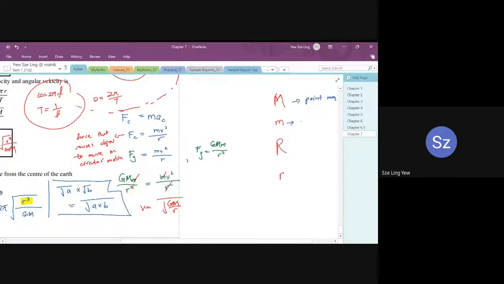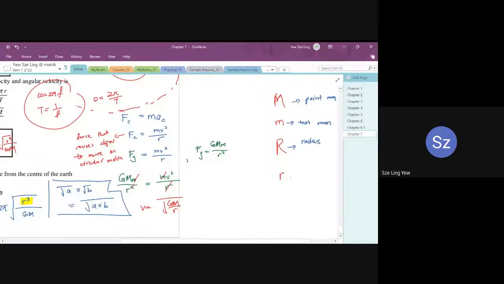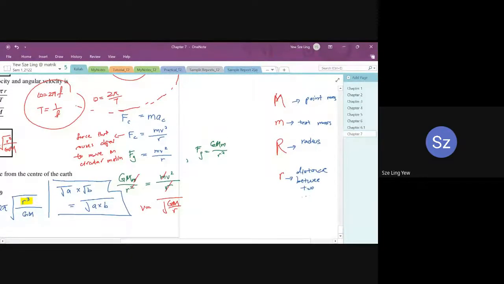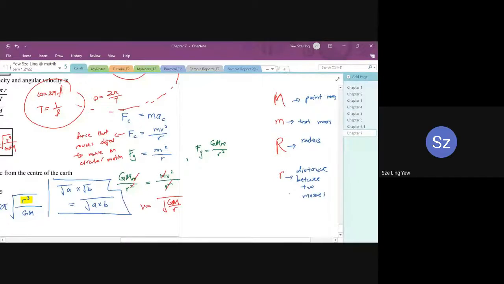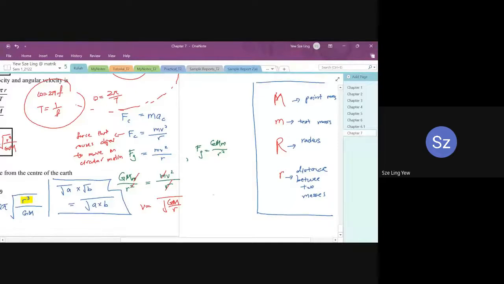Small m is the test mass. Capital R is the radius. Small r is the distance between two masses. So your first task is to remember these four variables.